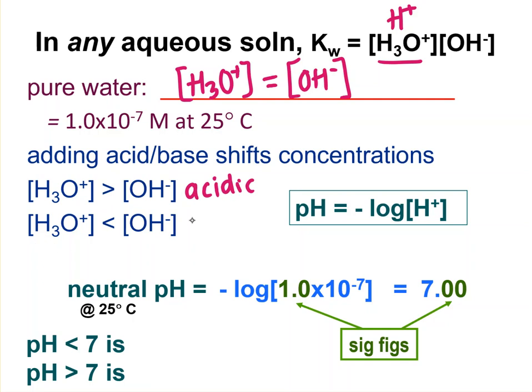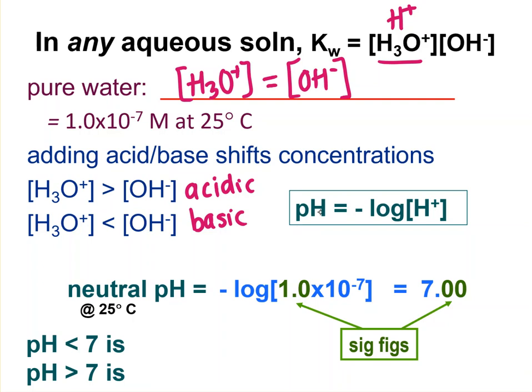And if you add a base, hydroxide is greater. Okay, so we determine pH based on just this one ion. We don't have to use hydroxide because they're related. You can look at just one of the two and the other one is in relation to it.